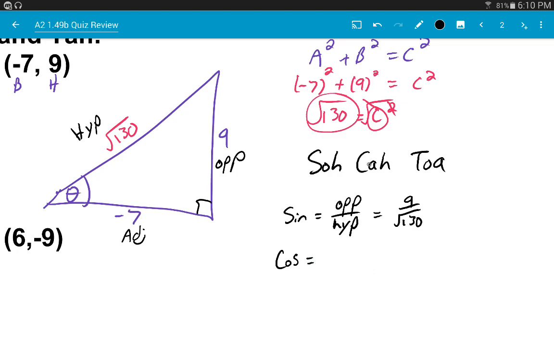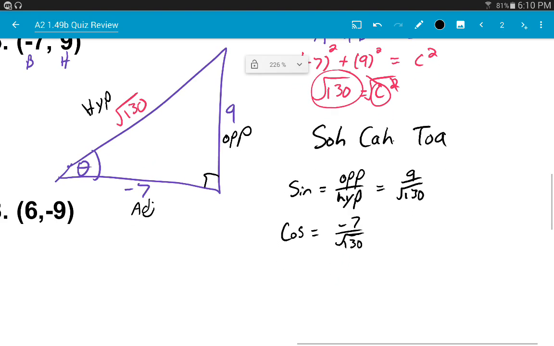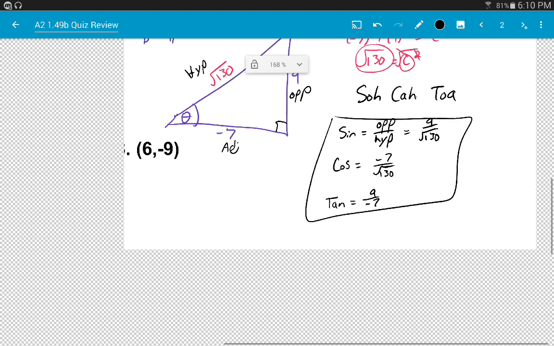Cos is adjacent over hypotenuse, that's negative 7 over square root of 130. And tangent, TOA, tangent is opposite over adjacent, which is 9 over negative 7. And that's sine, cos, and tan using SOHCAHTOA.